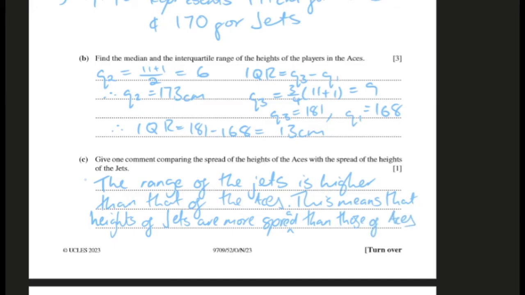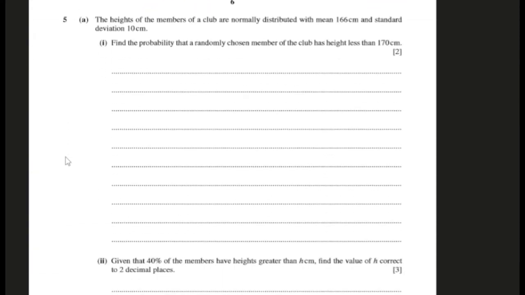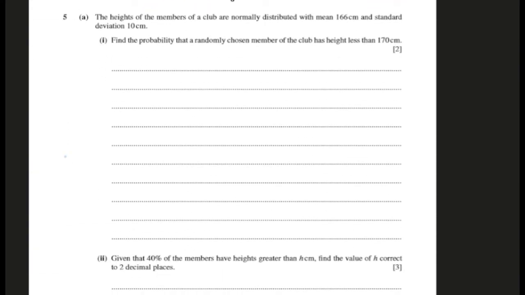Number 5a. The heights of the members of a club are normally distributed with mean 166 centimeters and standard deviation 10 centimeters. Find the probability that a randomly chosen member of the club has height less than 170. Okay, so let's state our distribution. X follows a normal distribution with mean 166 and standard deviation 10. And we're required to find the probability that the height of a random member is less than 170.